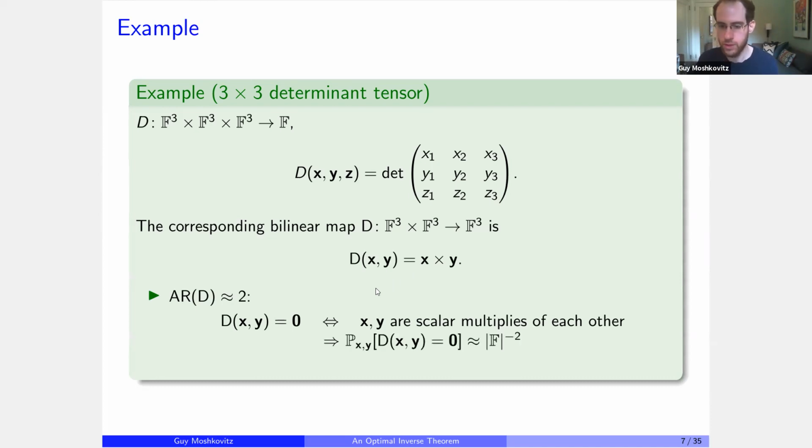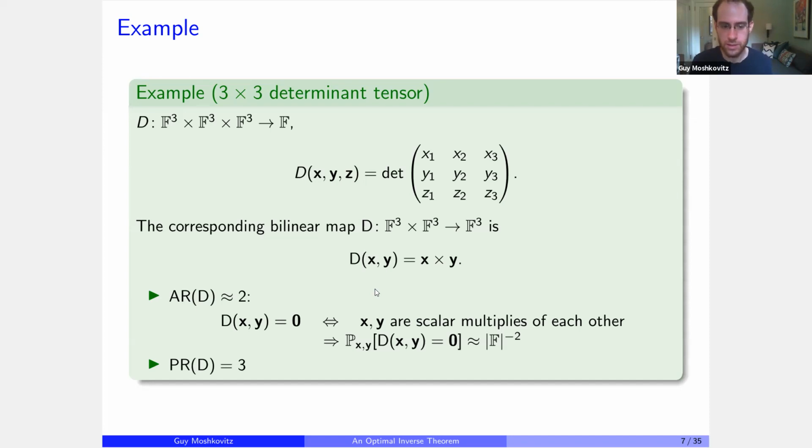So you really have 2 degrees of freedom, which means the probability that x and y are scalar multiples of each other is roughly |F|^-2, where F is your finite field. Once you normalize, the analytic rank is essentially 2. And you can show, though it takes a bit of work so I won't do it here, that the partition rank of this particular tensor is actually maximal. It's actually 3.